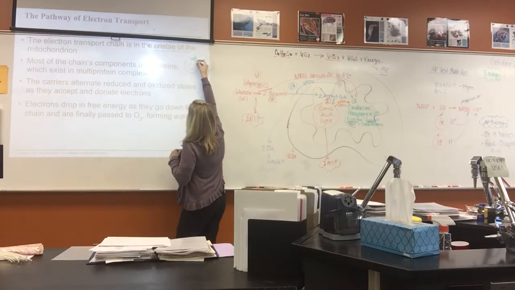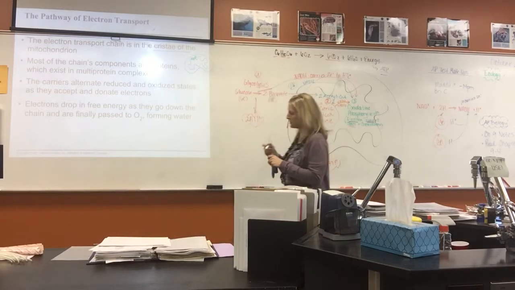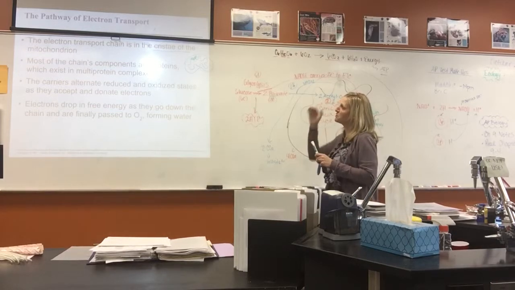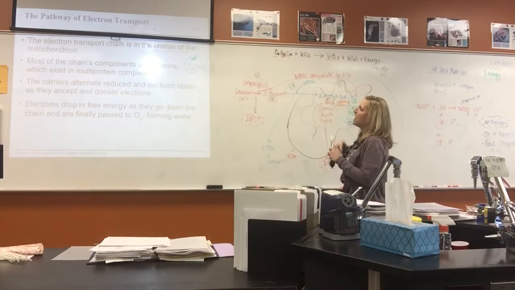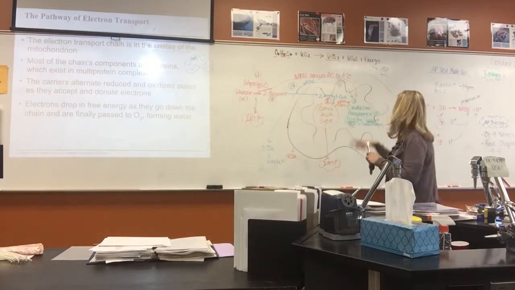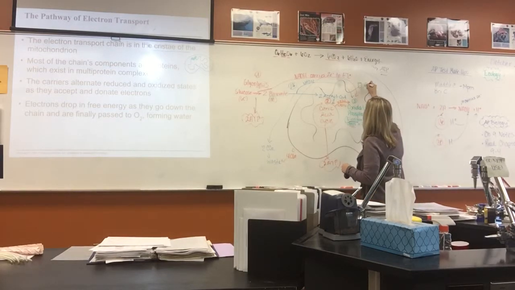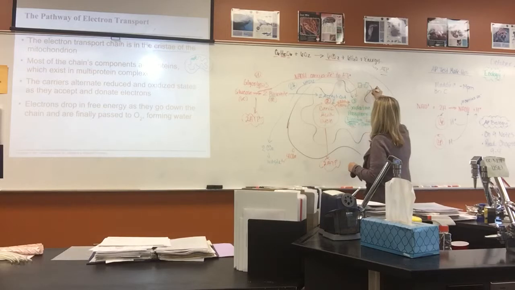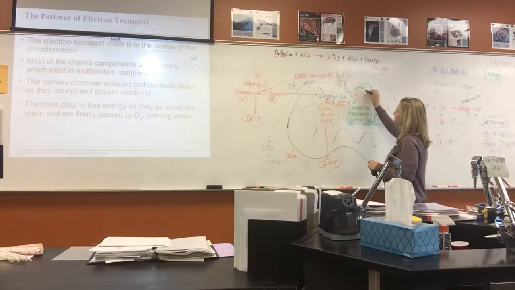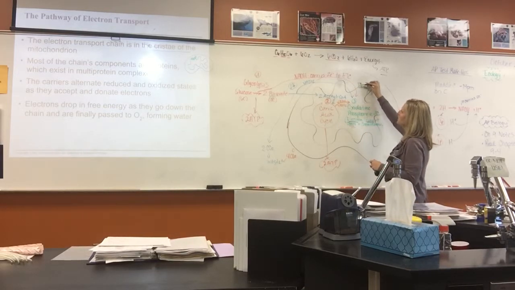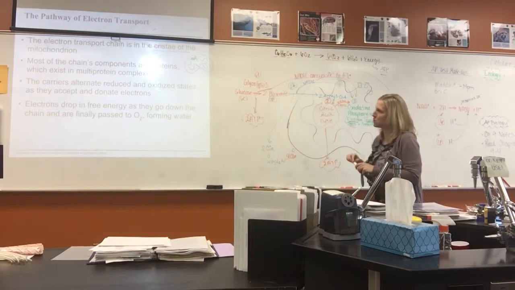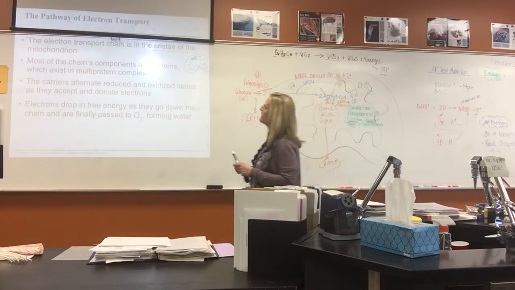And so the proteins in the electron transport chain are in the folds of the membrane. So if I were to draw that here, you'd have these complexes within the cristae. And so electrons are going to move from molecule to molecule in these proteins in the inner membrane of the mitochondria.